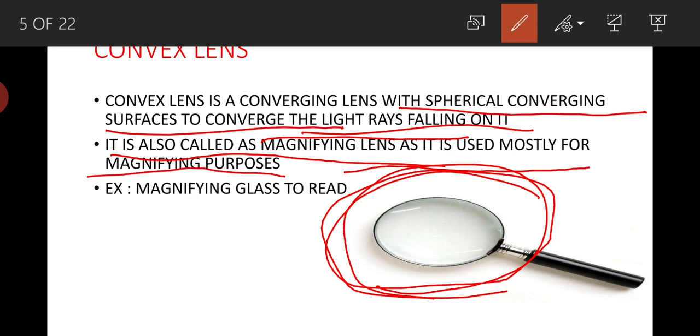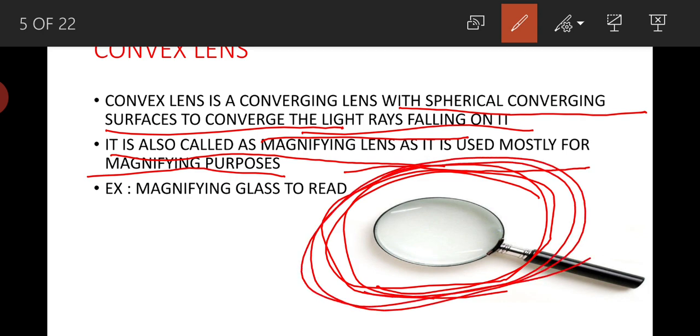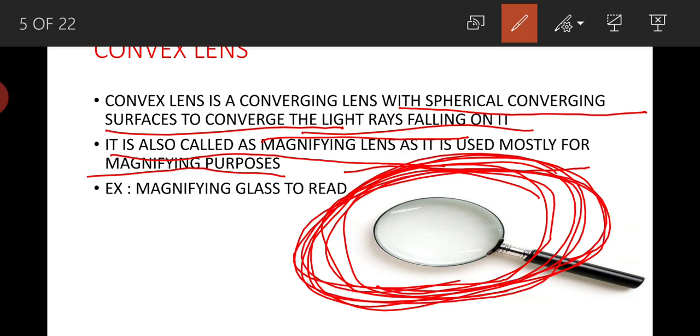The best example is the magnifying lens used to read small letters. The lens which you see in the image is nothing but a magnifying lens.